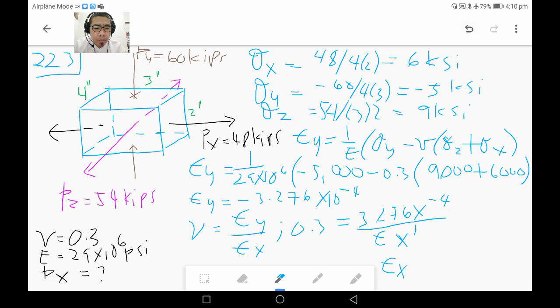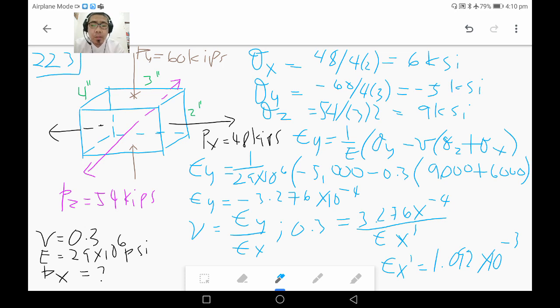And therefore the strain is 1.092 times 10 to the negative 3, no? So yun yung strain. So paano natin makuha yung PX kasi strain naman nakuha natin, no?